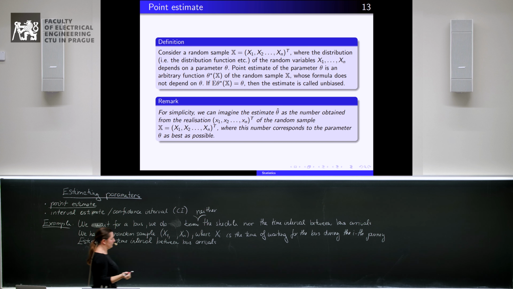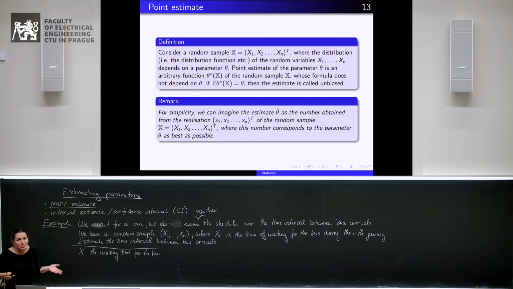So, what do we know? We know that this x1, x2, xn, and so on are the time of waiting for the bus during the ith journey. So we denote x the waiting time for the bus. Not during the first journey, during the fifth journey, the waiting time, because it is still the same.